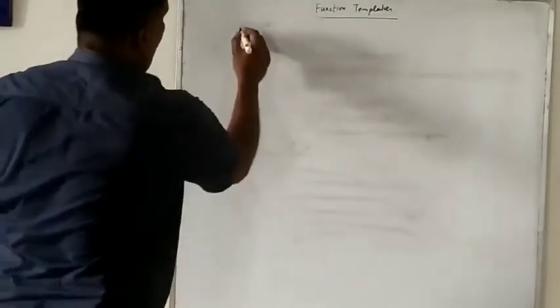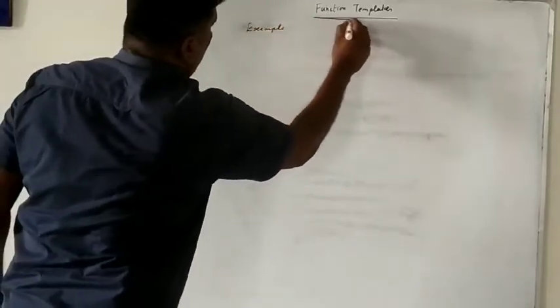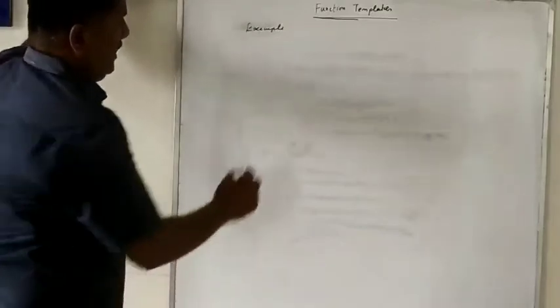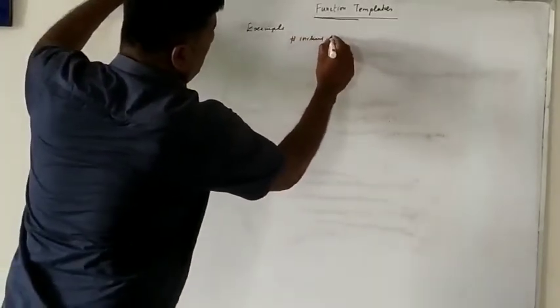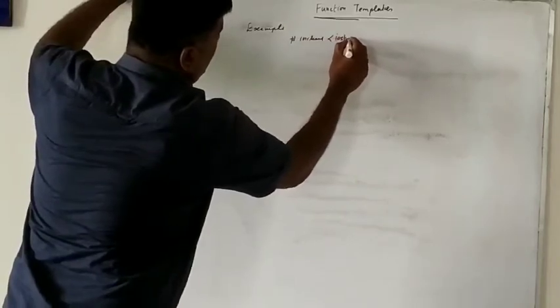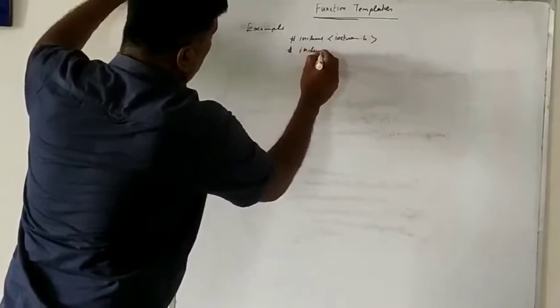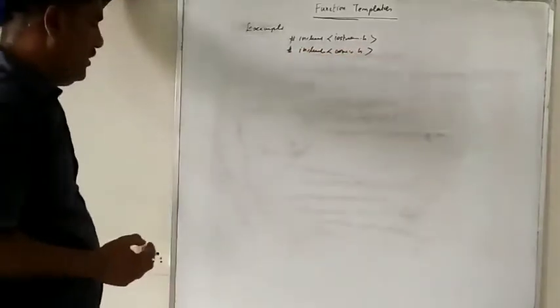Okay, right. Example: function template. Same as before, include iostream.h, include conio.h.